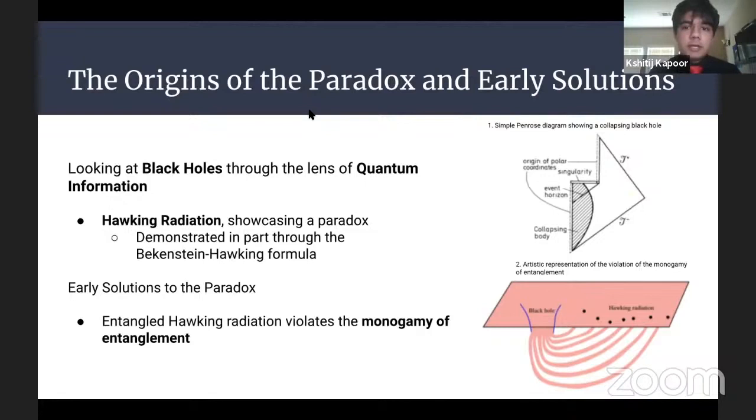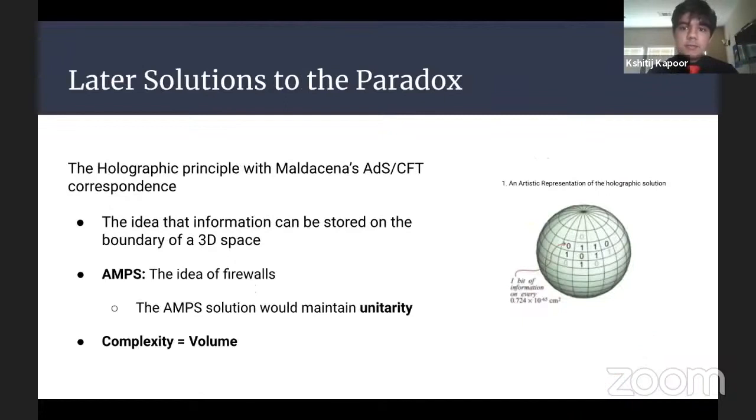However, this would violate the monogamy of entanglement, as one system, the black hole, would simultaneously be entangled with a countless number of particles. 't Hooft and Susskind later proposed the holographic solution, which would indicate that the 3D information inside the black hole could be represented on the 2D surface of the event horizon. As you can see in the simple artistic representation, this could be something as simple as just ones and zeros encoded on the event horizon of a black hole.